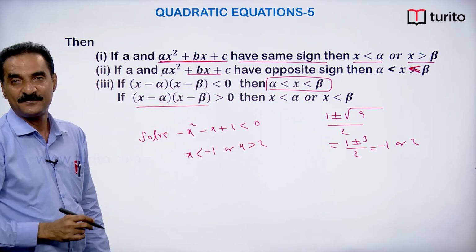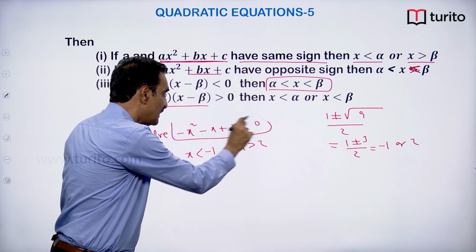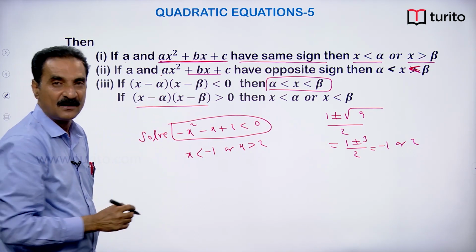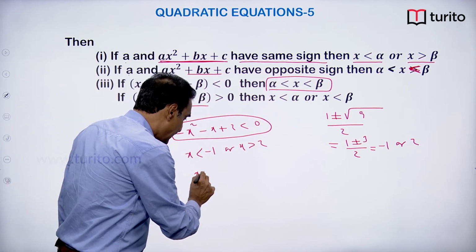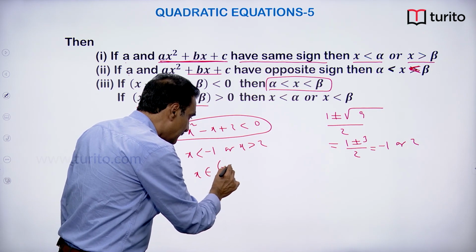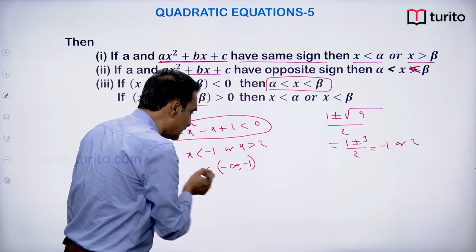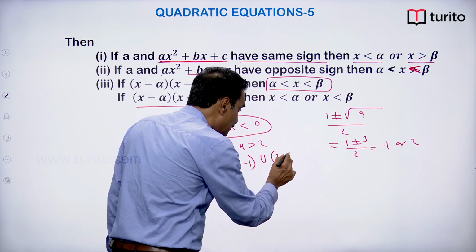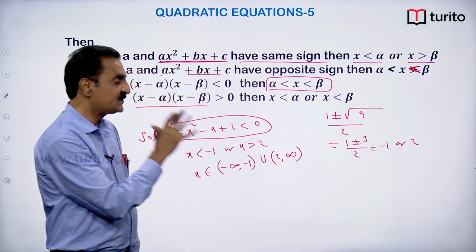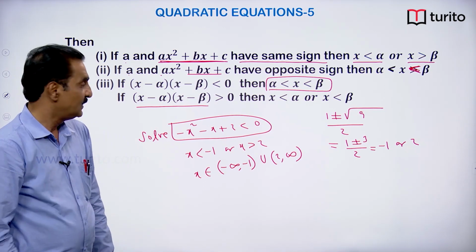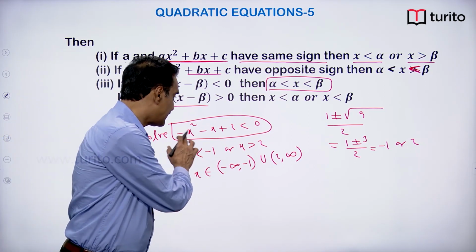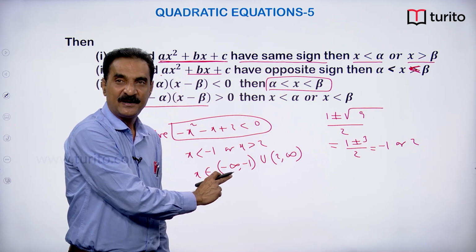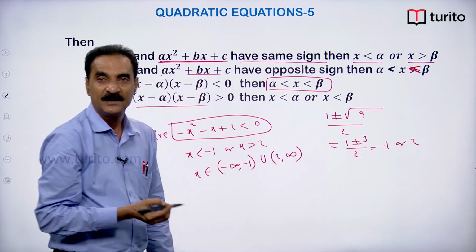This is the solution of this inequality, or you can write the interval of x like this: x belongs to minus infinity to minus 1 union 2 to infinity. This is the way we write the answer. x can take all real values from minus infinity to minus 1 as well as 2 to infinity.